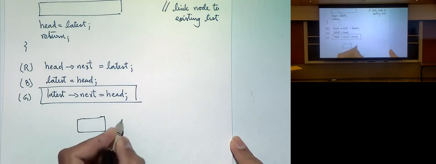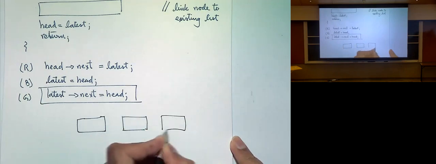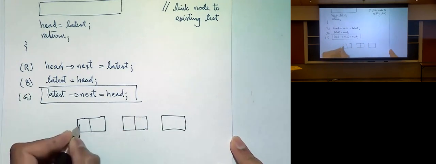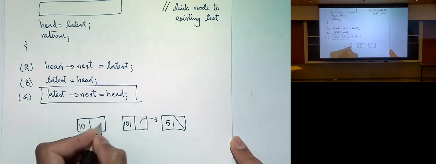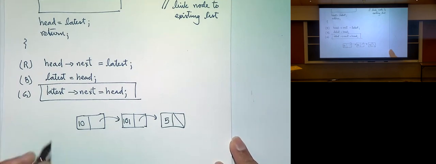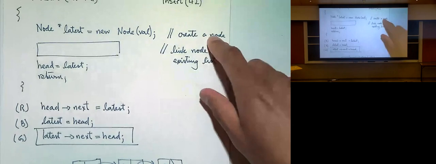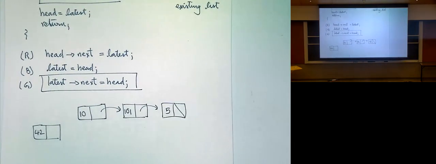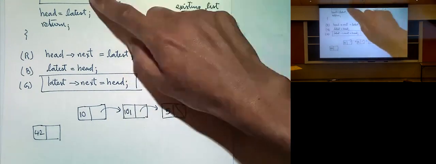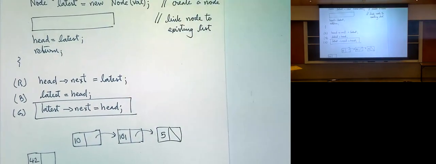So here's my current linked list, and I'll have 10, 101, 5. Okay, so now I want to insert 42, right? That's what I wanted to do over there. And so I've created this new node 42. So let me zoom out a bit.